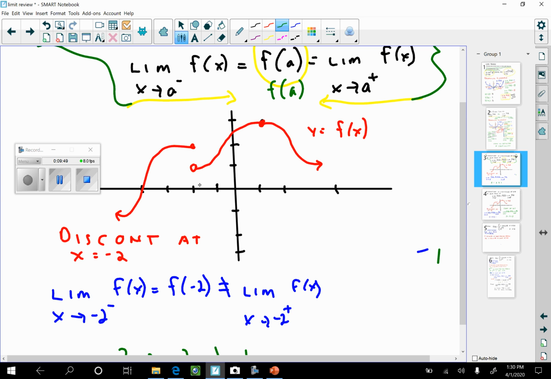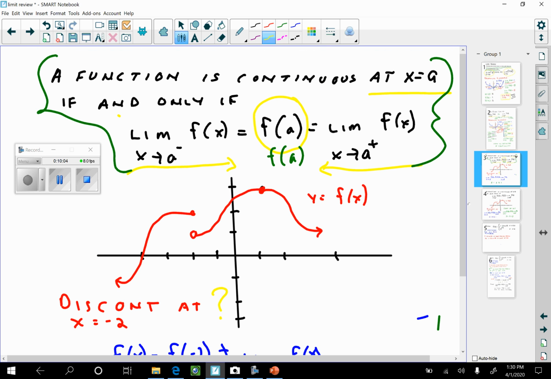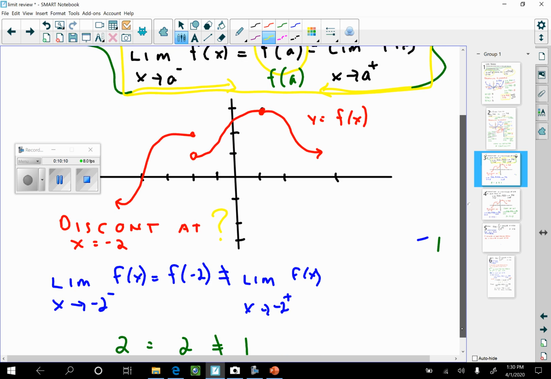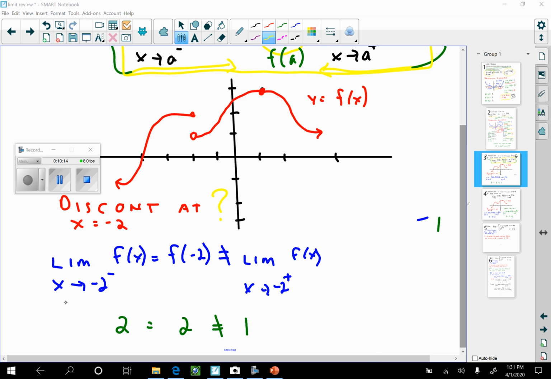So why is this thing, analytically, why is this thing discontinuous at -2? How would I write that? Here's how I would write that. I'm going to have to use this definition of continuity. So what I'm going to do is I'm going to look at the limit as x goes to -2 from the left.